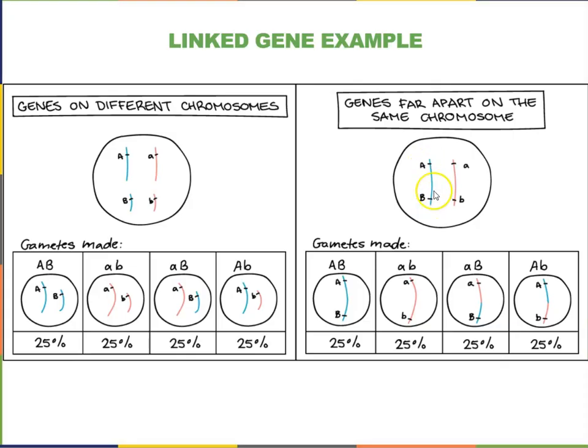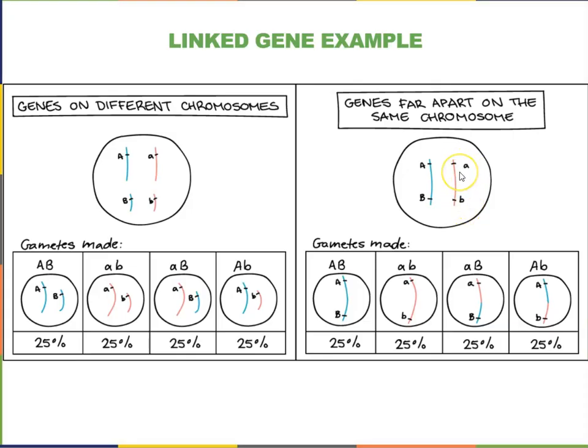However, if A and B are on the same chromosome, the separation will be different. The first possibility, big A, big B will be together. The second, little a, little b will be together. If any crossing over happens, then you will have a possibility of big A, little b, and little a, big B. But the crossing over depends on the distance between these 2 alleles.